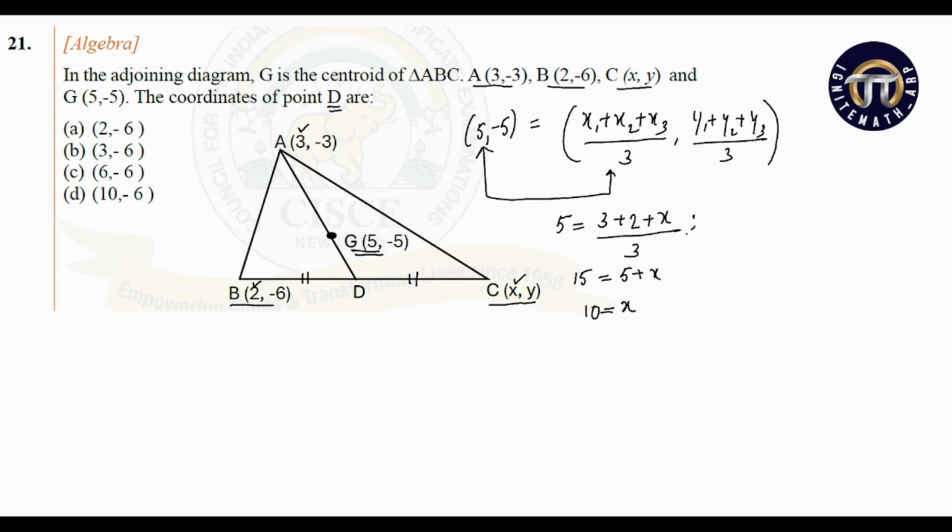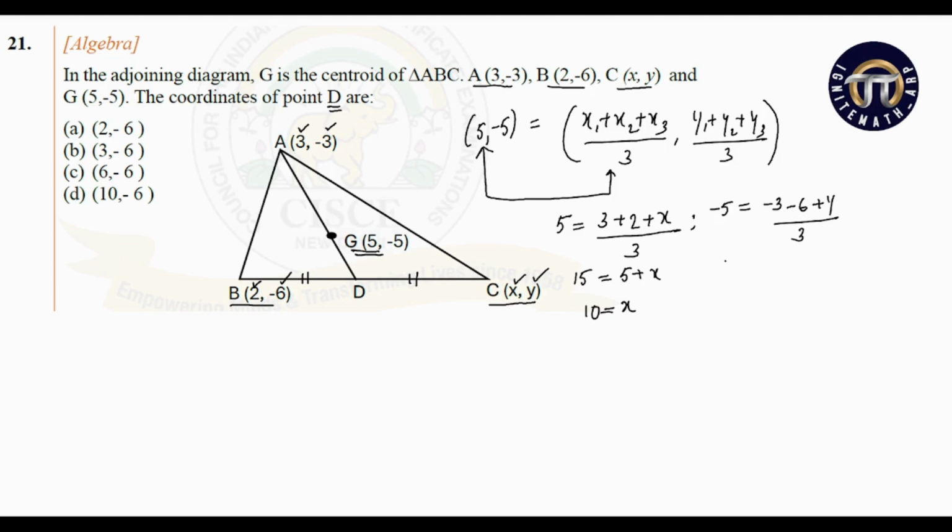Similarly, I will equate the y coordinate, that is minus 5 is equal to y1 plus y2 plus y3, in the sense the ordinate of A, ordinate of B and ordinate of C. So I can write here minus 3 minus 6 plus y divided by 3.